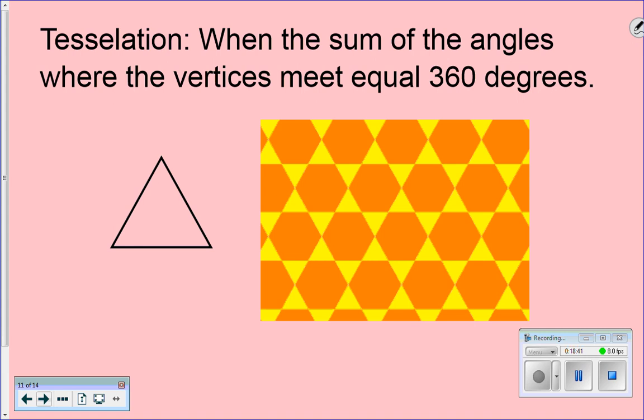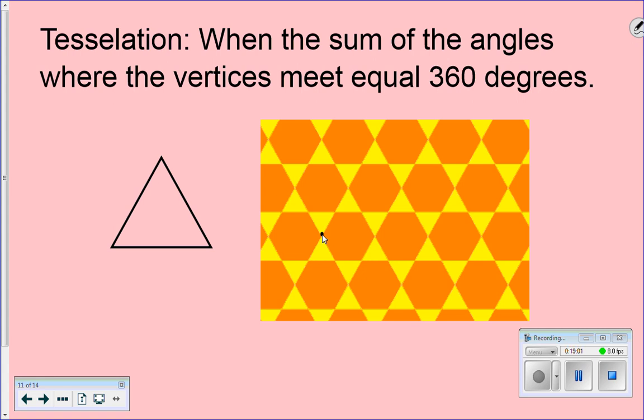So, if I look at this, let's just look at this vertex right here. Can you guys see that? Is it weird on your eyes? Sorry. That's the best one I could find on the internet. So let's say this is my vertex. Remember where the points meet? That's a vertex. Okay?